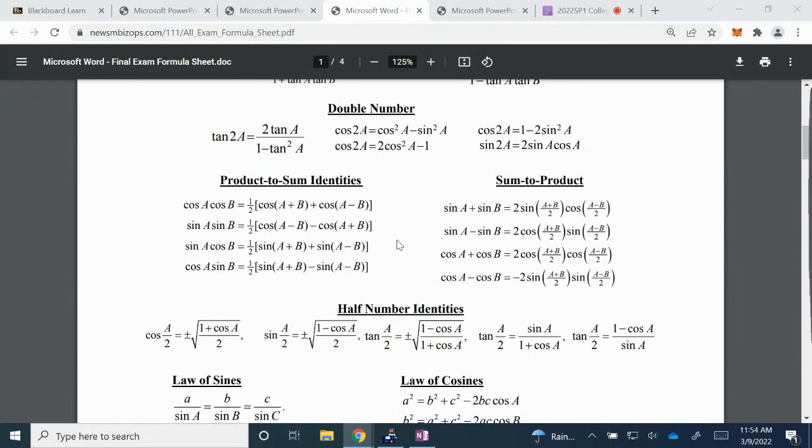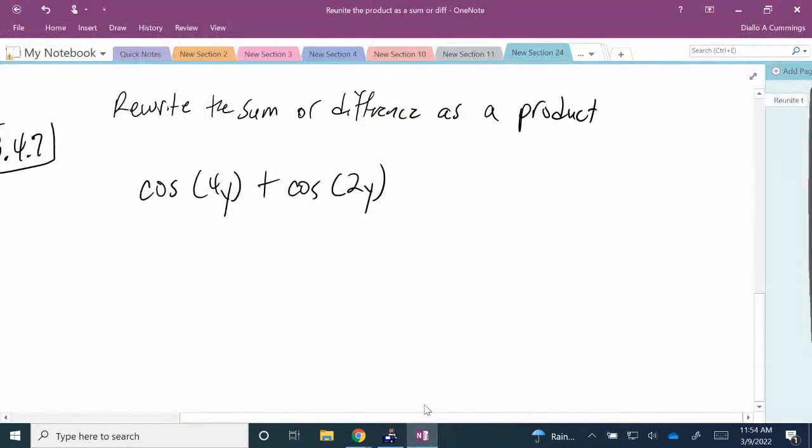Cosine A plus cosine B is equal to 2 cosine A plus B over 2 times cosine A minus B over 2. All right, so I'm actually going to write that above the formula.